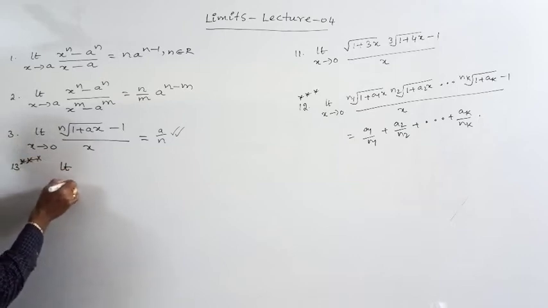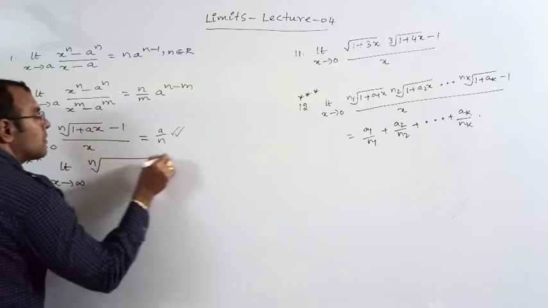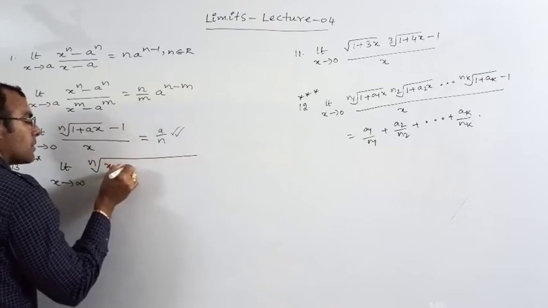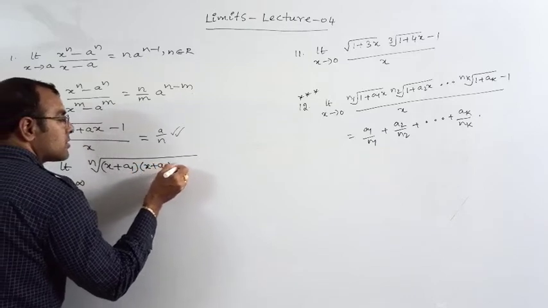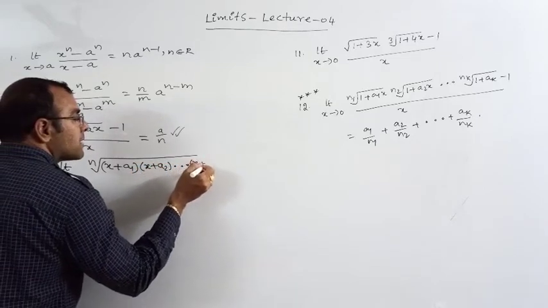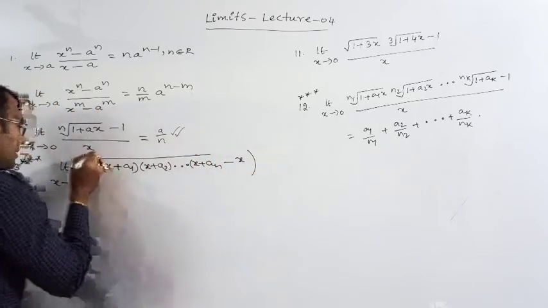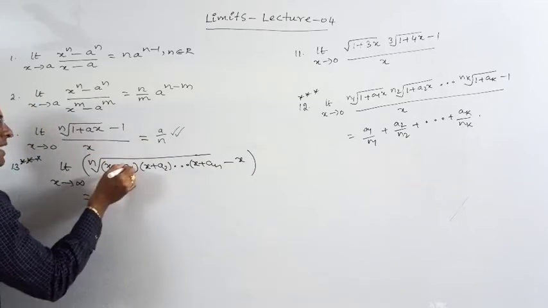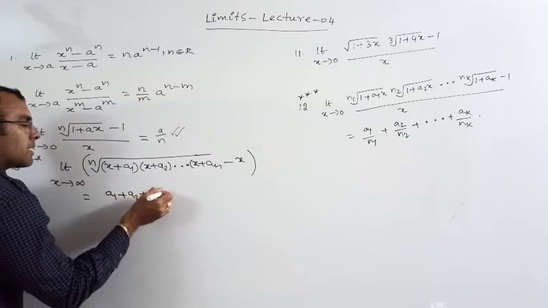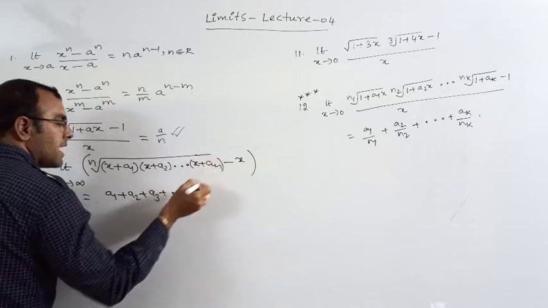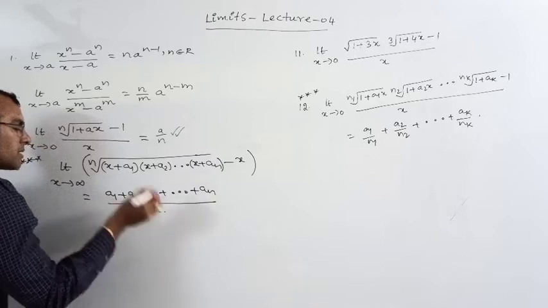Limit x tends to infinity, nth root of x plus a1 into x plus a2 and so on x plus an, minus x, equal to a1 plus a2 plus a3 and so on plus an, means sum of these numbers by the number of numbers.